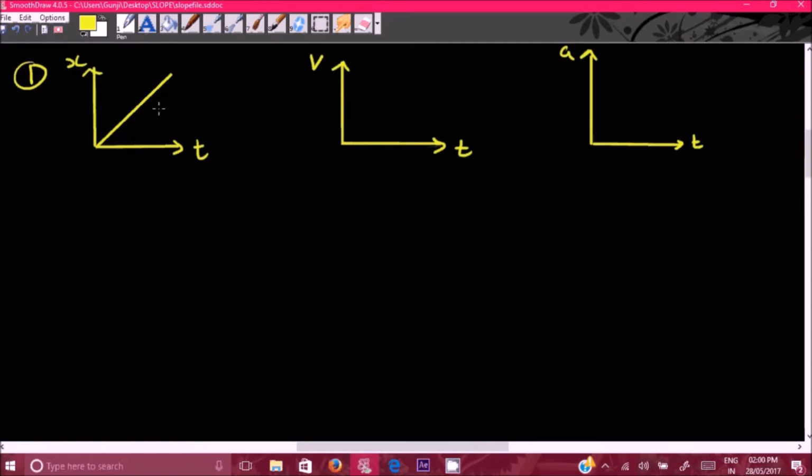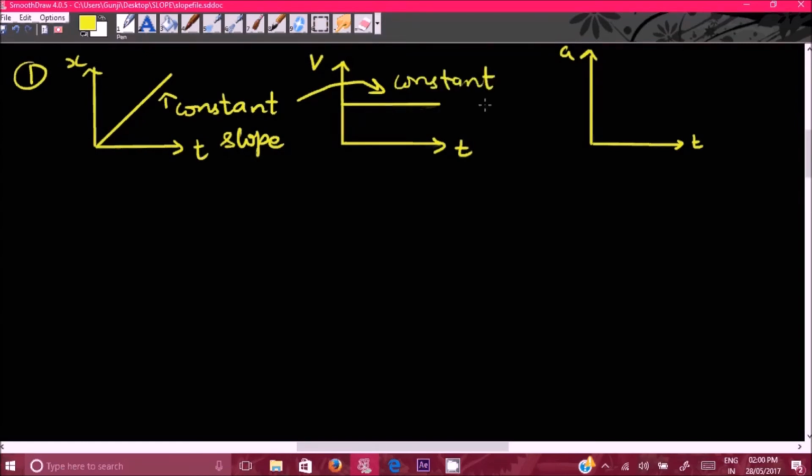Here, the slope of this graph is constant because it's a straight line graph. This means that the velocity will be constant. So the graph will be a straight line parallel to the horizontal axis. And the slope of velocity versus time graph gives us the value of acceleration. Now this graph has a zero slope, no inclination, so the acceleration will be 0.